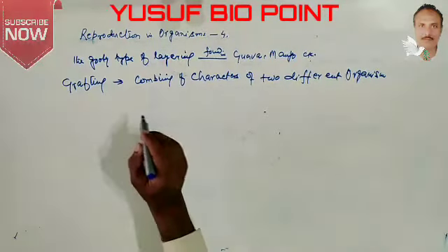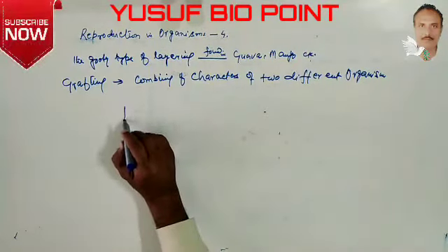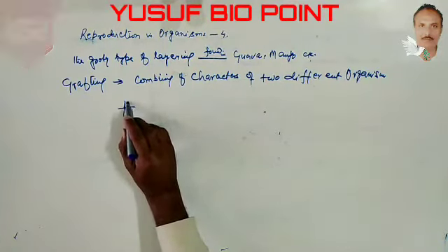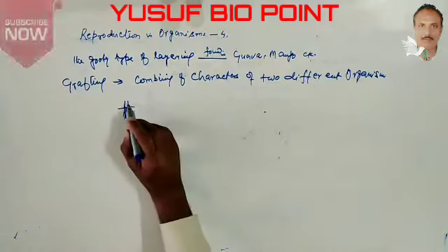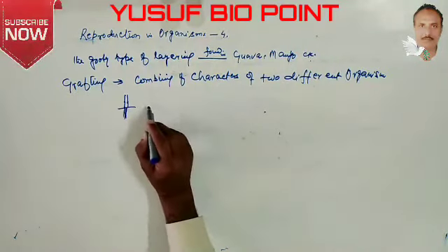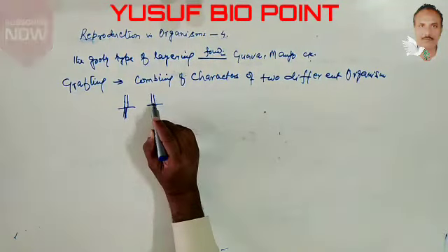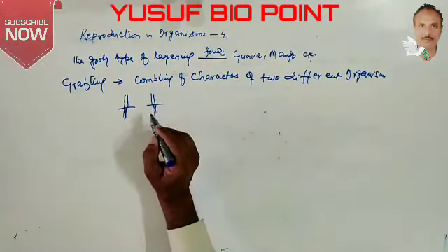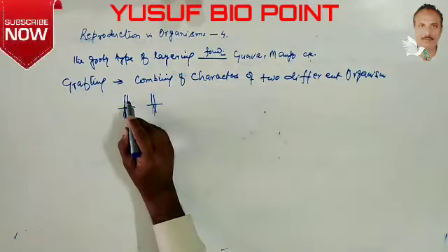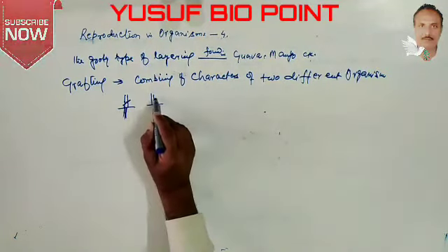As for example, it is a plant, it is the stem part of one. Similarly, it is also a plant. This is the stem part of the other. Now we want to graft it. Then what shall we do? We shall cut it.